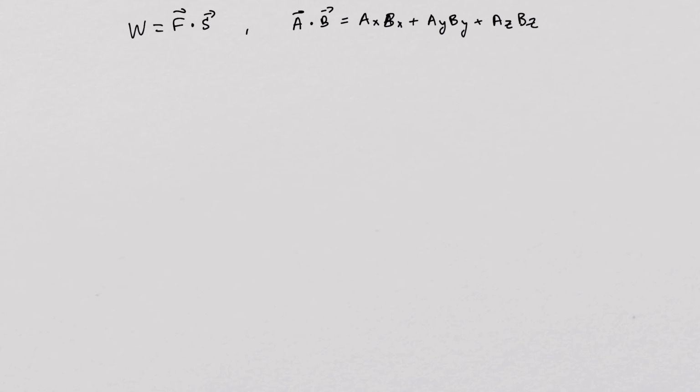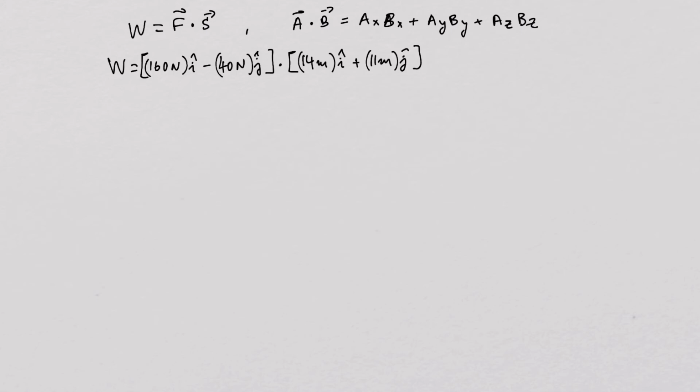So in our particular problem, the work done is equal to 160 newtons I minus 40 newtons J dot 14 meters I plus 11 meters J. From the above definition right here, we get that the work is equal to 160 newtons times 14 meters minus 40 newtons times 11 meters.